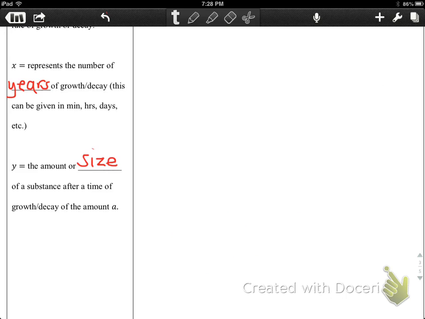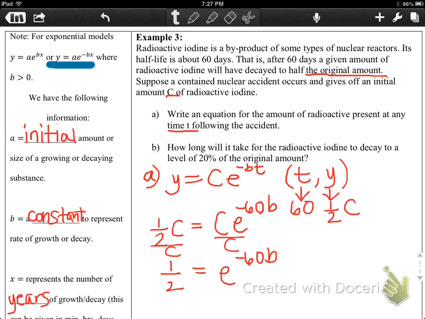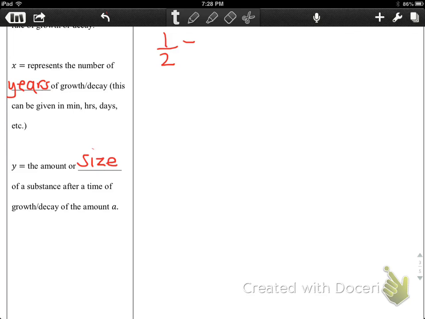Now I'm going to continue on this next page. So 1/2 equals e to the negative 60b. And now remember, we have that variable trapped up in the exponent, so we want to take the natural log of both sides.